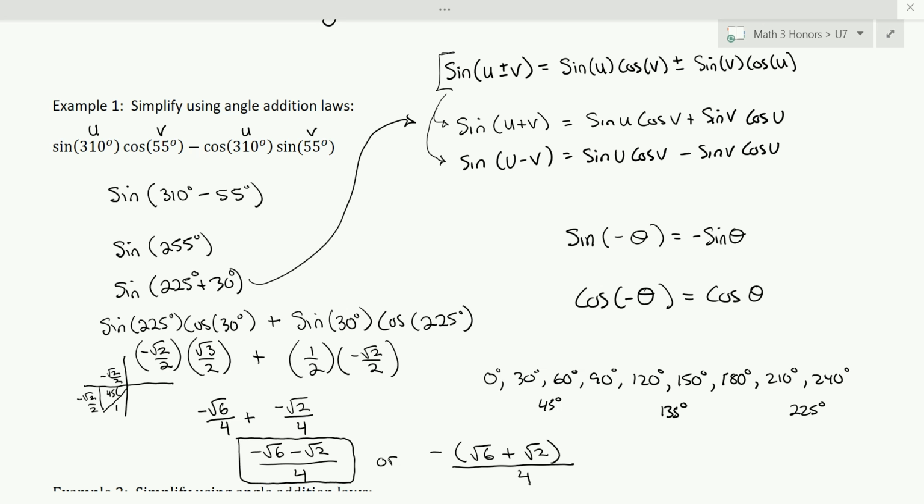So this is the kind of work we're going to do with these formulas. We're going to get something that we don't know, like I don't know the sine of 310 or the cosine of 55. But I can use these formulas to get it to something that we do know, 225 and 30, and work with that.